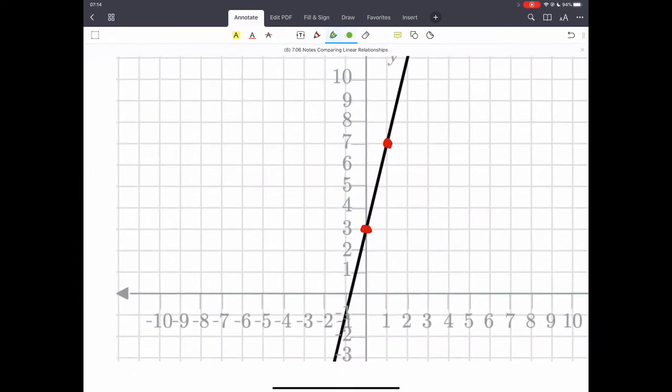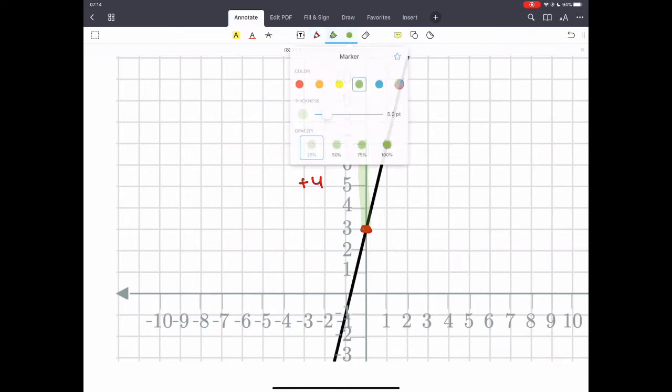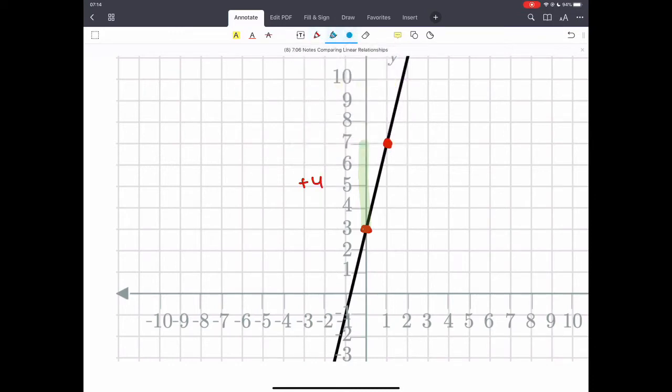So if I start at 3 and I go upwards, my y just changed by going up 4. And then I went over 1 on the x-axis. So this is up 4 over 1. That is a rate of change of 4 to 1, or 4.